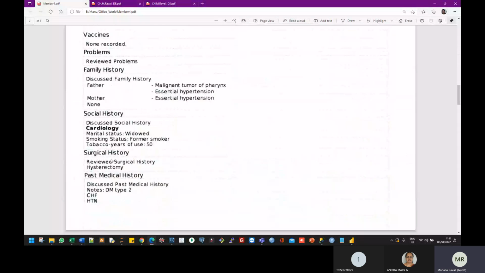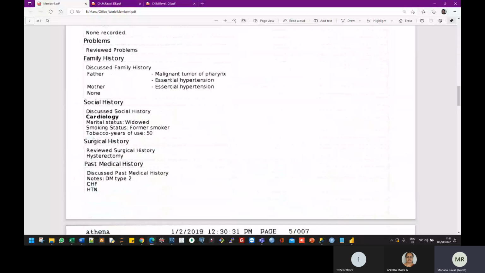All these have to be taken care of. See, tobacco, years of use, 50 years. Since 50 years he is smoking. So smoking status is former smoker. He is almost a chain smoker. Marital status, widowed. Because of smoking, she also left.